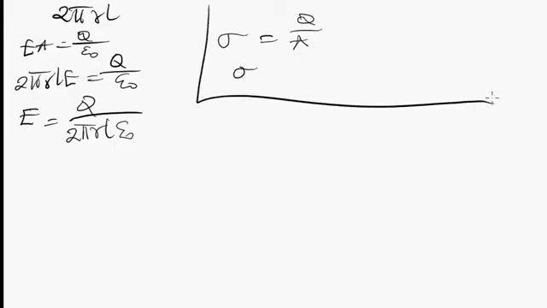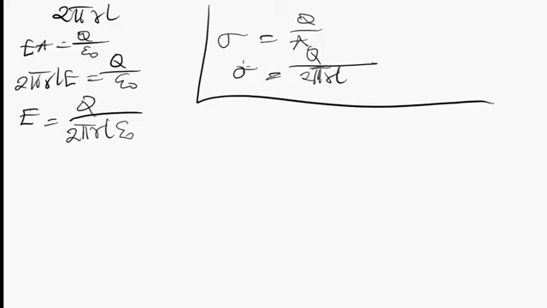Now this actually means that the surface charge density is the charge over the area of the cylinder in this case, which is 2 pi RL.